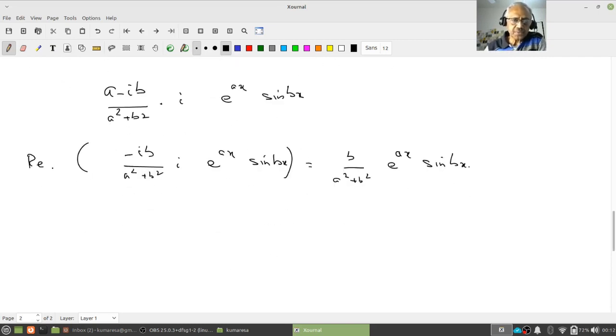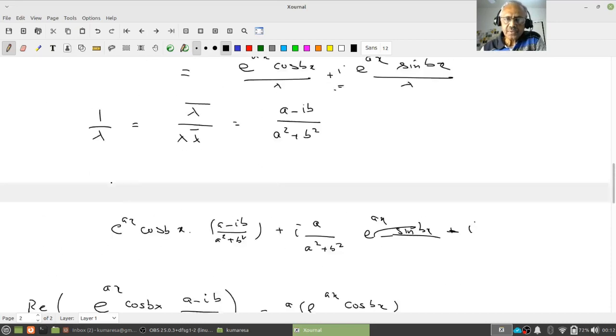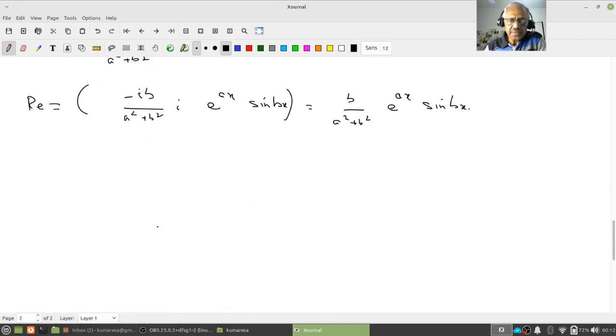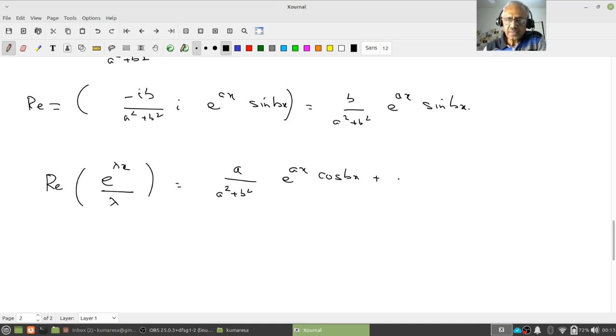Okay, real part equal to this, right? So what is it that I have found? Therefore I have found the real part of e power lambda x by lambda is nothing other than a by a squared plus b squared e power ax cos bx plus b by a squared plus b squared e power ax sin bx.